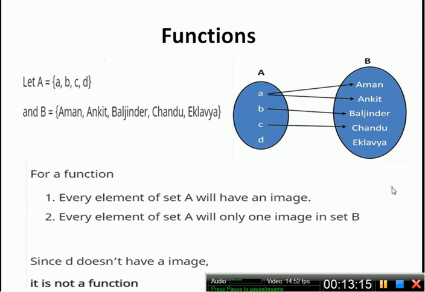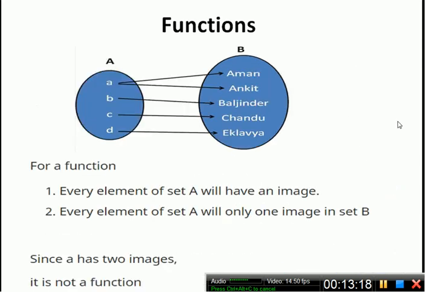Next, we will understand one more example. Here A, B, C, D are the 4 elements. Again, all 4 are having an image. A is having an image, B is having, C is also having an image, and D also has an image. But here the first condition is satisfied, but the second condition is not satisfied.